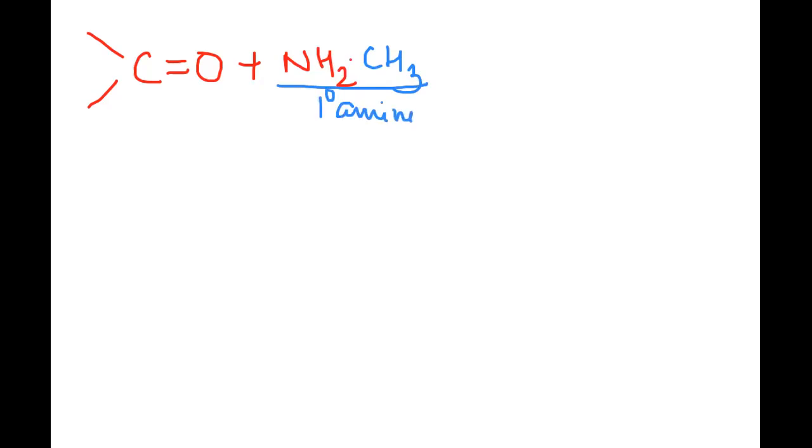When this undergoes that same mechanism, the compound that we are going to get is a C, and in this case you are going to get a doubly bonded nitrogen and the CH3 remains as it is.